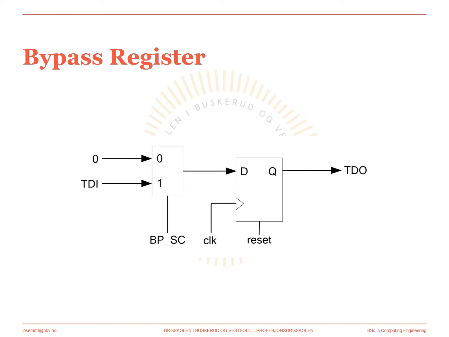The bypass register is a simplified version of the instruction register. It is just the capture shift stage made by a MUX and a flip-flop. As the name indicates, this register simply sends the value from TDI to TDO to bypass a group of BSCs, and the whole register is only one cell. According to the IEEE standard, the cell is hardwired to capture 0 when not shifting TDI.